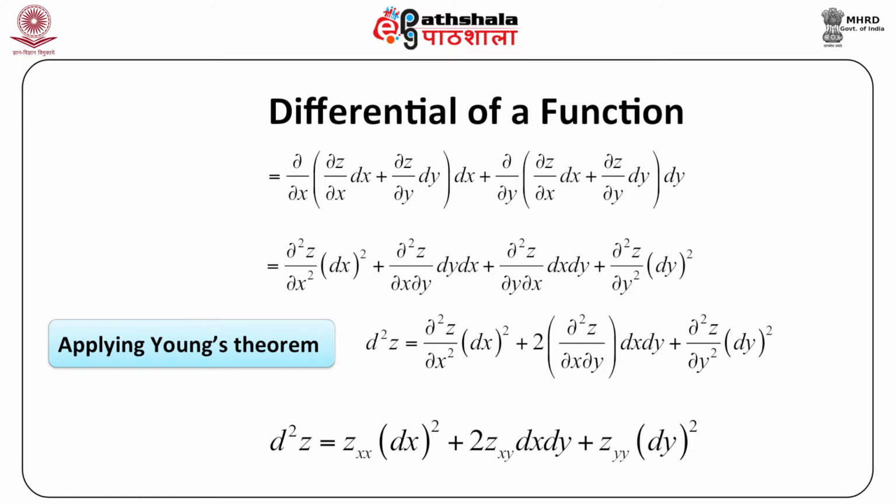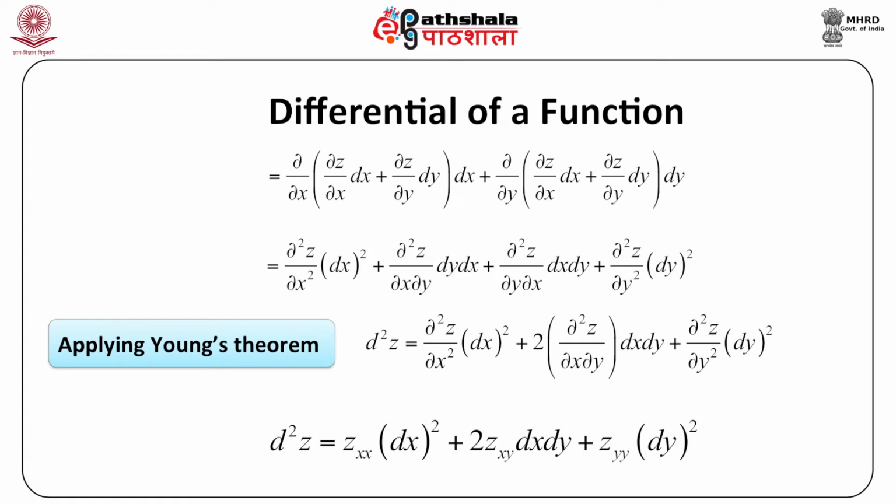This is equal to del squared z over del x squared dx the whole squared plus del squared z over del x del y into dy dx plus del squared z over del y del x dx dy plus del squared z over del y squared dy the whole squared.